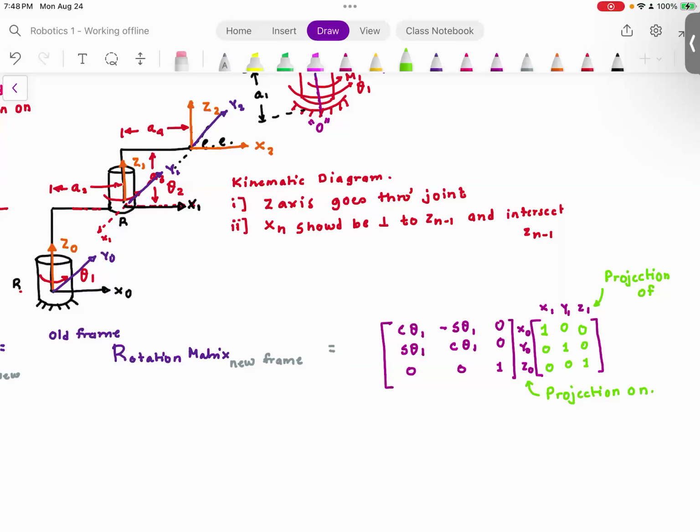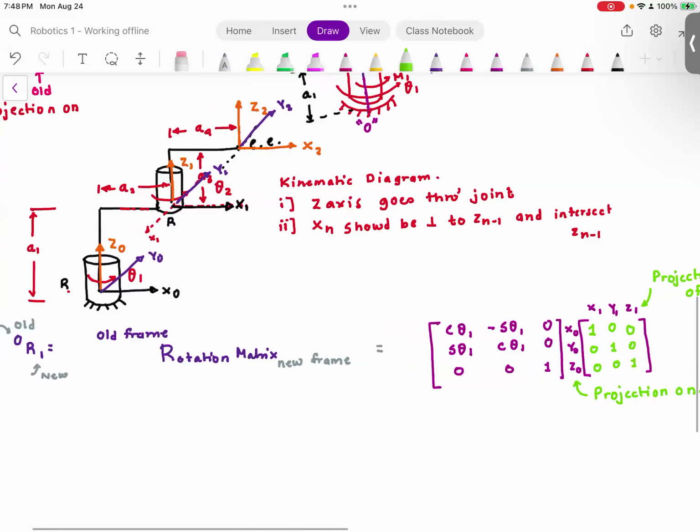Now I want to talk about this case. I actually made a smart move. Think about it. Do you agree with me? When we decided the direction of x1, I had a choice. X1 could go towards right or X1 could go towards left. But I deliberately chose X1 towards right.